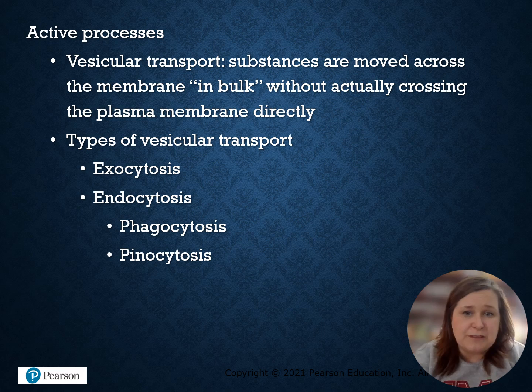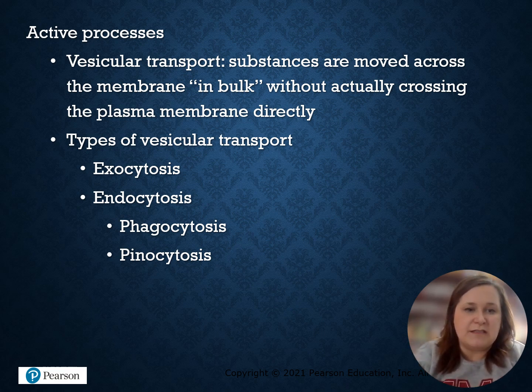Vesicular transport is going to be another active process, and in this process, substances are going to be moved across the membrane in bulk without actually crossing the plasma membrane directly. So this is going to be a situation where they're going to be enveloped in a vesicle, and then that vesicle is going to move them across.